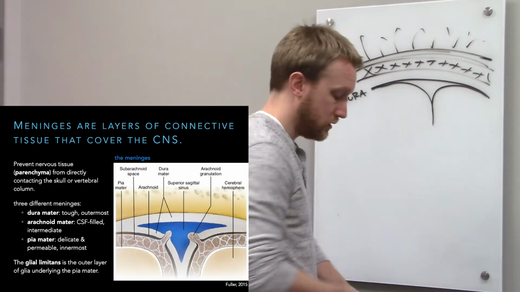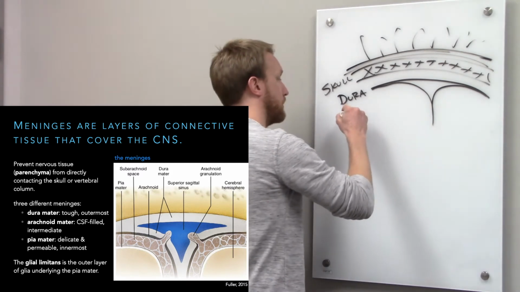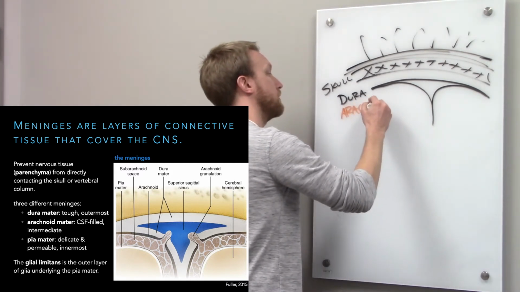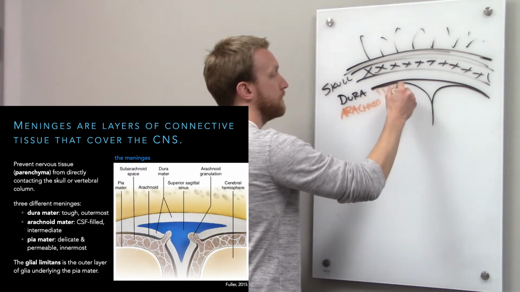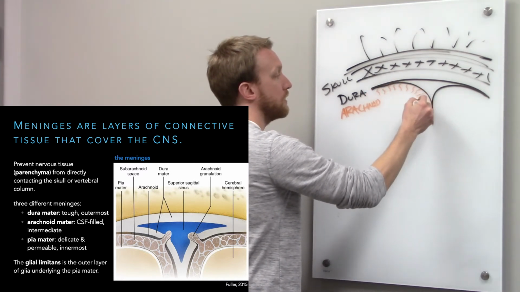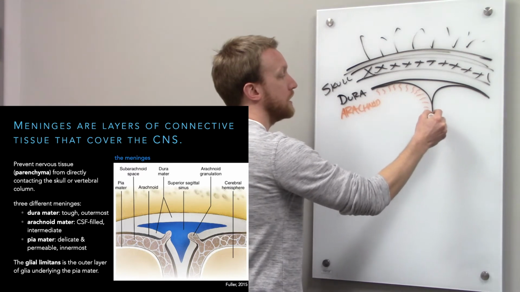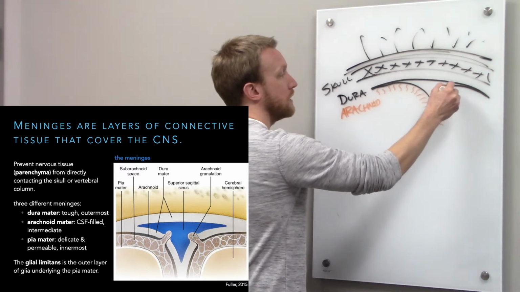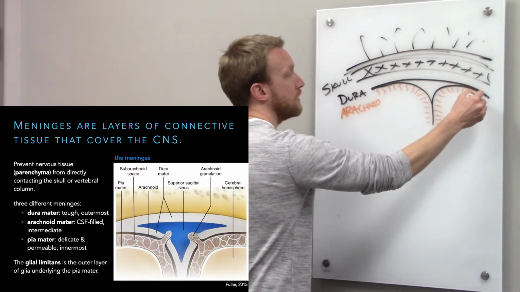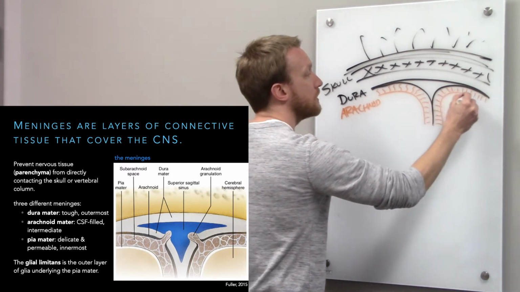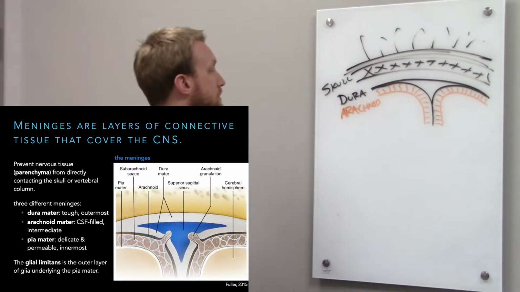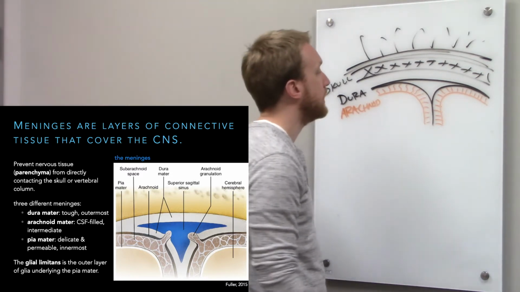Under the dura, we have the arachnoid. And the arachnoid layer is filled with cerebrospinal fluid, because it contains these arachnoid processes there that create an open space called the subarachnoid space.